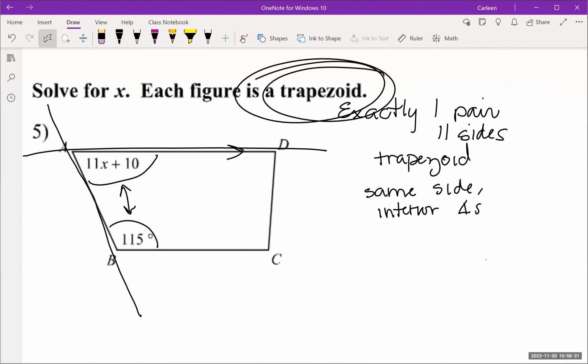Okay, so it's a trapezoid. So only the side ones, right? So these two angles are supplementary. So how do we write our equation? Are they equal to each other, or is their sum equal to 180?